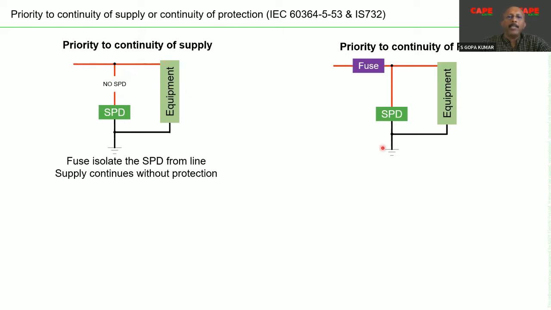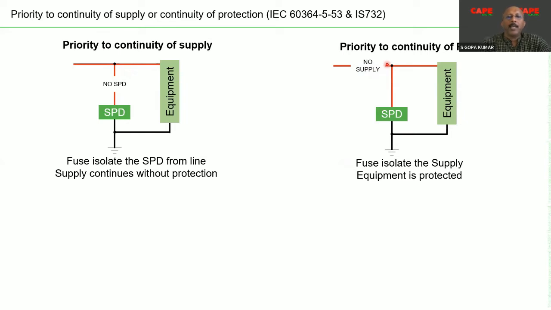In the second case, at the end of life of the SPD, the fuse will blow, and once the fuse blows, there is no power supply to the equipment. Imagine between the line and the earth, you have an SPD which is most often in a short-circuited situation.